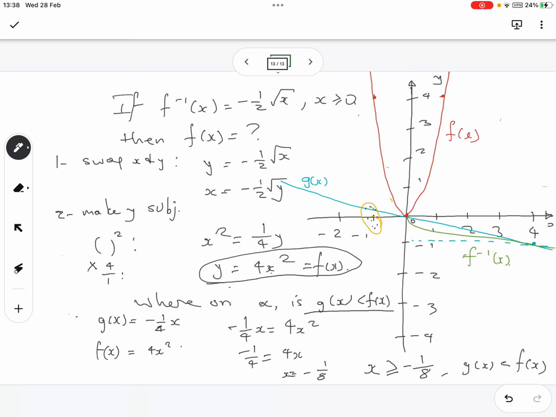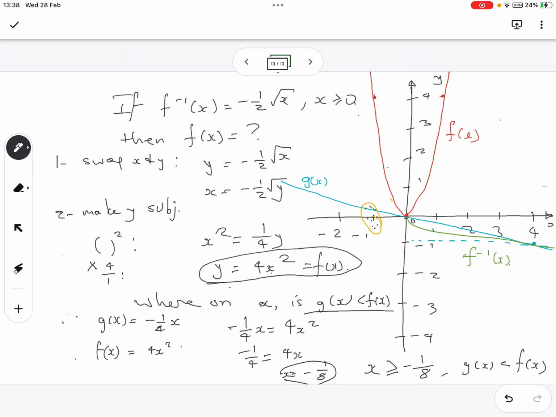What I want to convey is that there's a certain point where the two graphs might be equal. That's where they intersect, isn't it (0, 0)? Yes. Then at x equals 1/8, we found that this one is greater than this one.